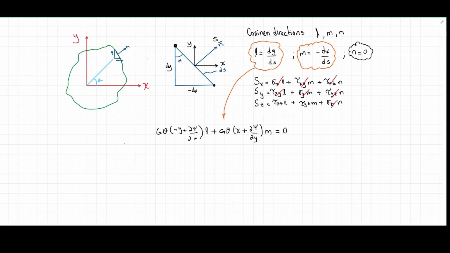And that's going to give me that d theta, I should put it larger like this, minus y plus the partial derivative of this psi function times dy ds, plus this one here, x plus partial derivative of psi function with respect to y times m, and m is minus dx ds. And this equals 0.